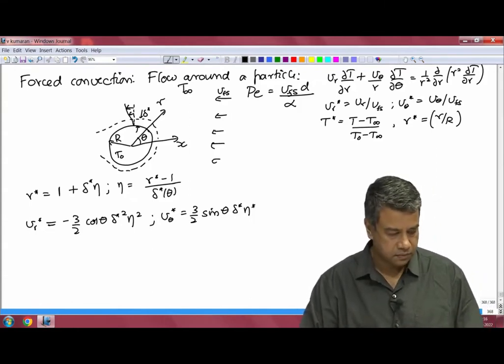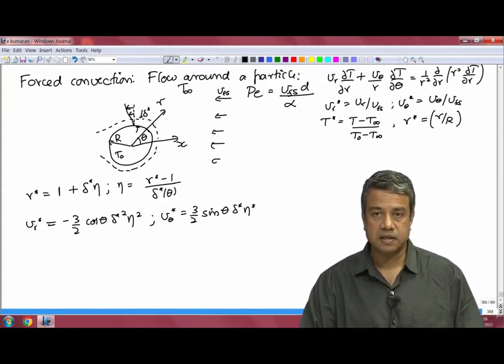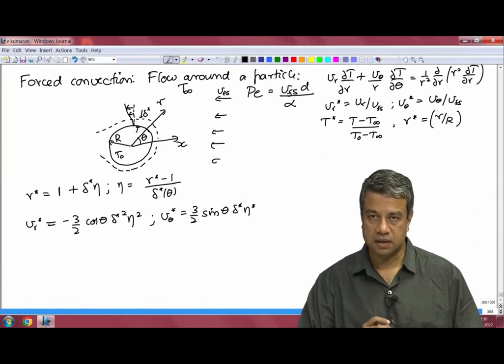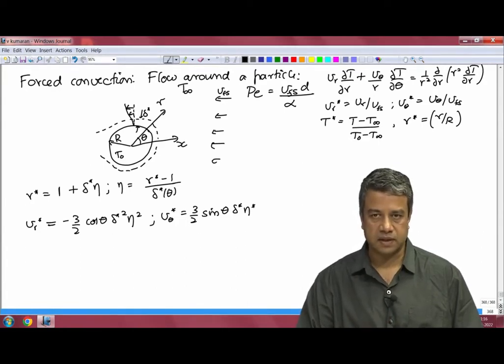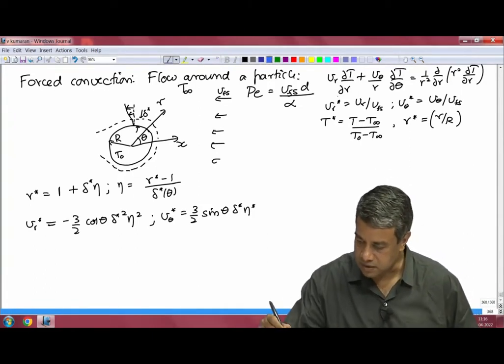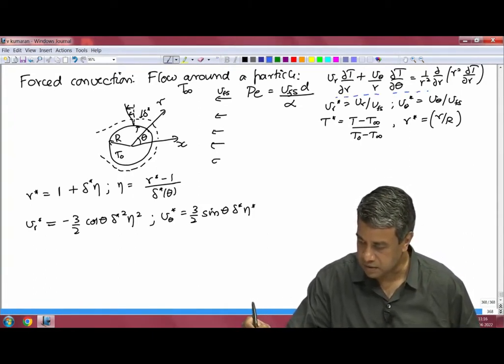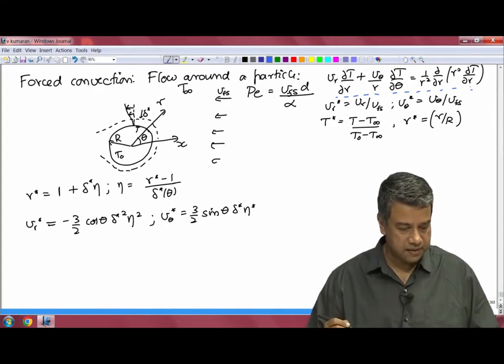So, these were the expressions for the velocity in the limit as the boundary layer thickness goes to 0. We had simplified the expressions for the velocity which we had earlier, and these were substituted into the conservation equation.